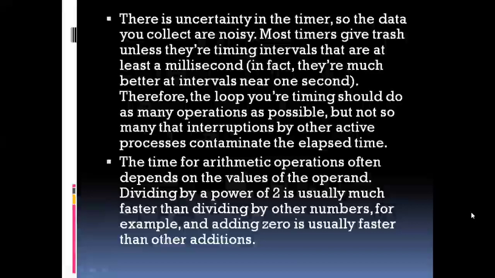The time for arithmetic operations often depends on the values of the operands. Dividing by a power of 2 is usually much faster than dividing by other numbers. Similarly, adding 0 is usually faster than other additions.